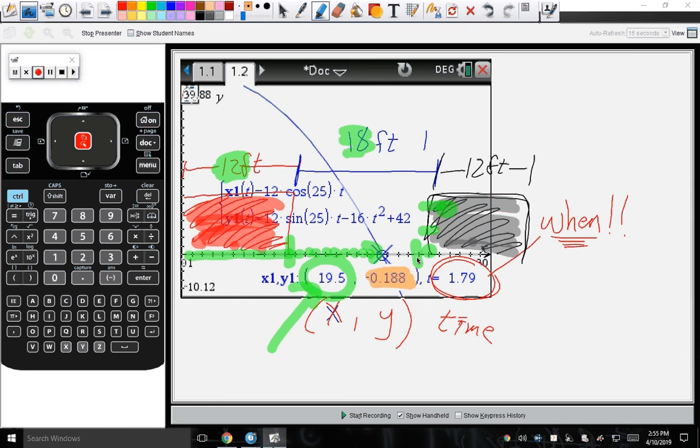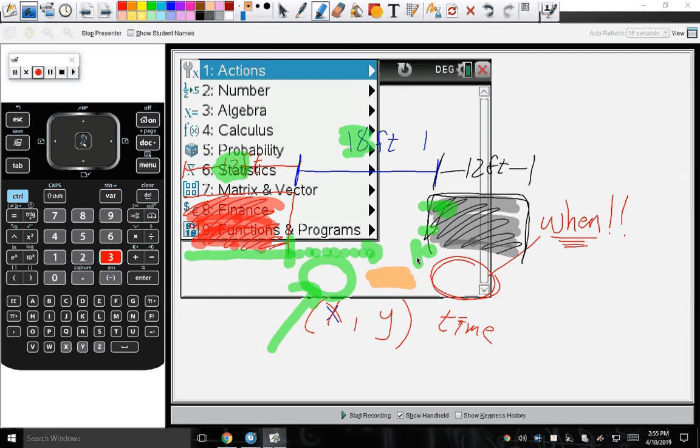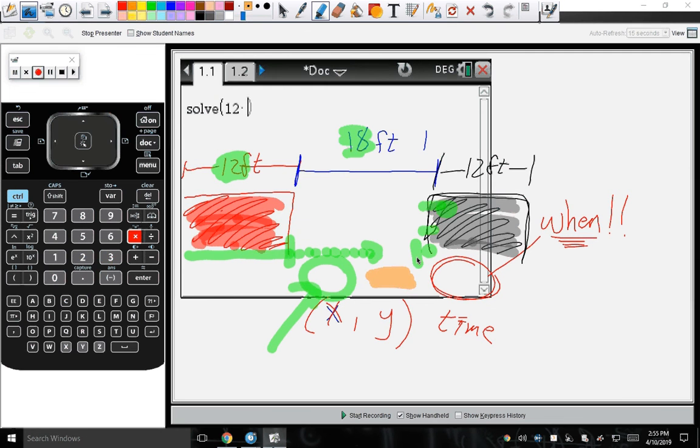Now, let me show you the shortcuts. If I wanted to do it with the menu solve feature, here we go. I do menu 3.1, and I do 12 times the sine of 25 degrees times t, minus 16t squared plus 42, and I want to see when does this equal 0.